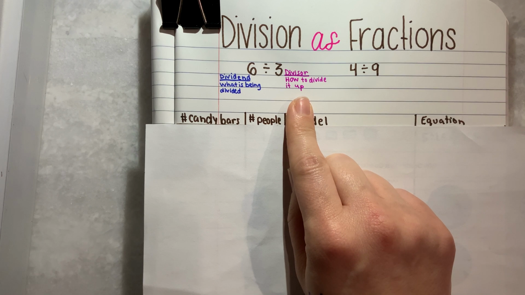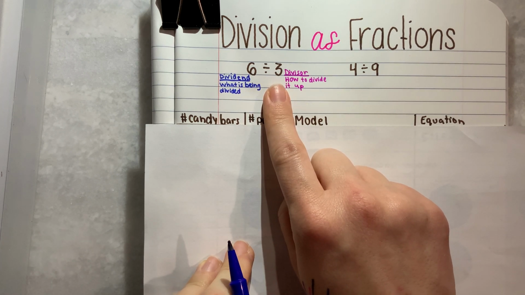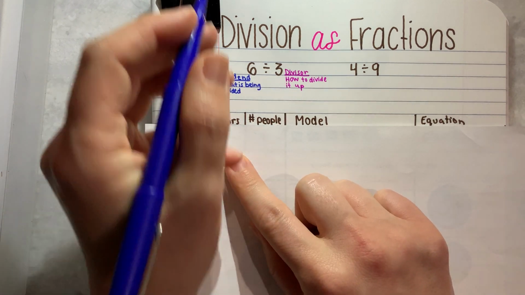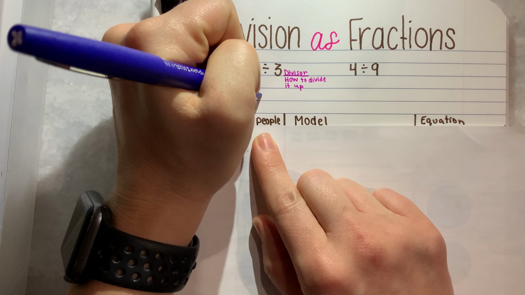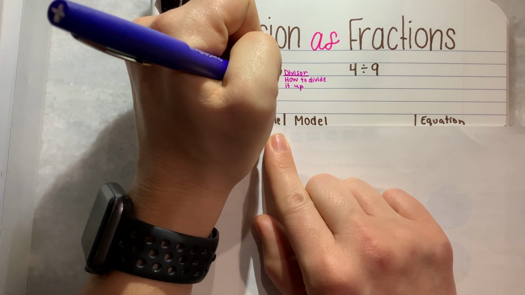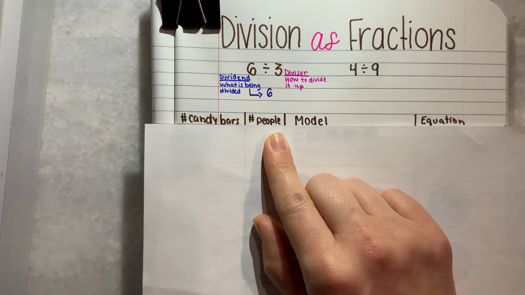And so if we're looking at what this equation would look like as a fraction, what we're going to divide apart becomes our numerator, because that's how many we have to count.